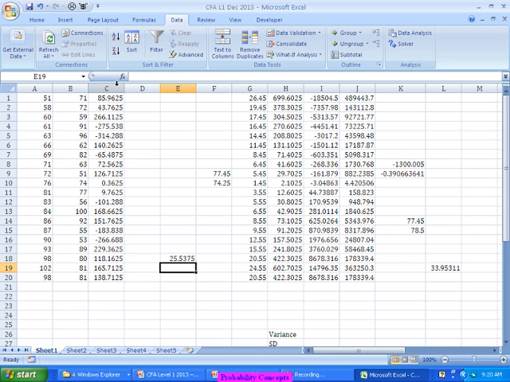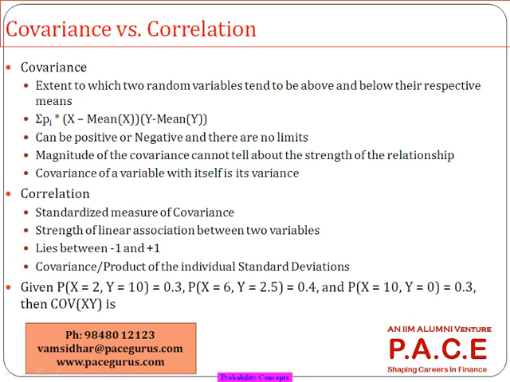But how strongly? Are they moving very strongly in the same direction or very weakly? The other way of asking is, is 25.53 very high or very low? There is no meaning to that. Covariance as a magnitude has no importance.